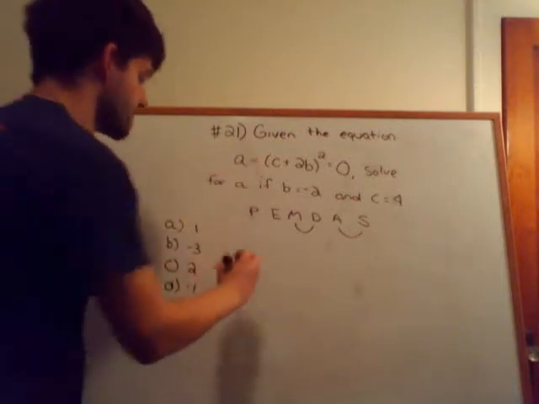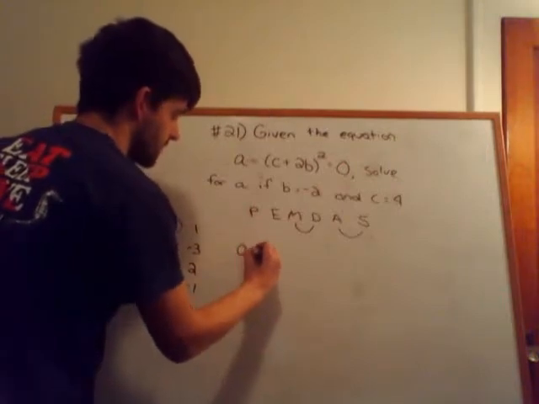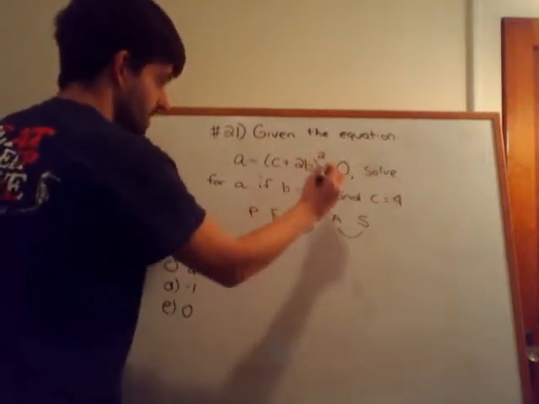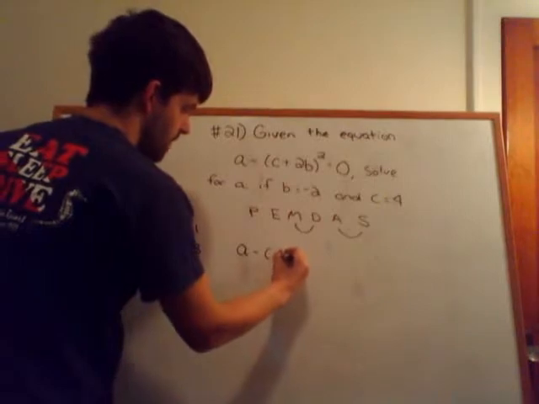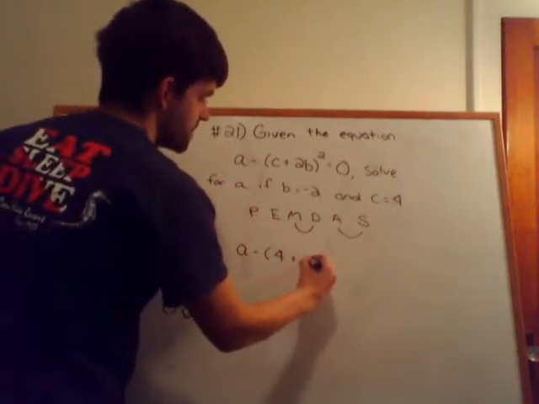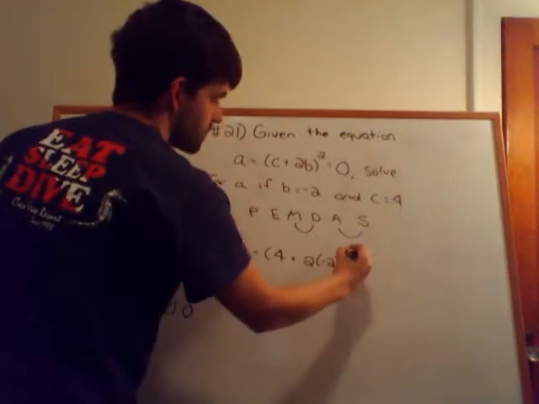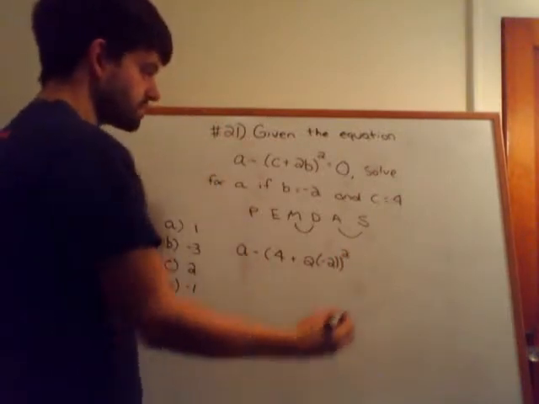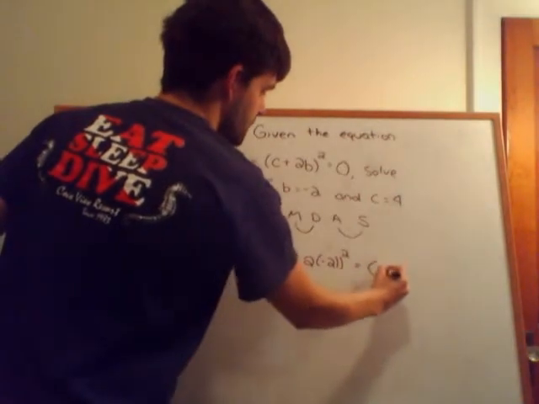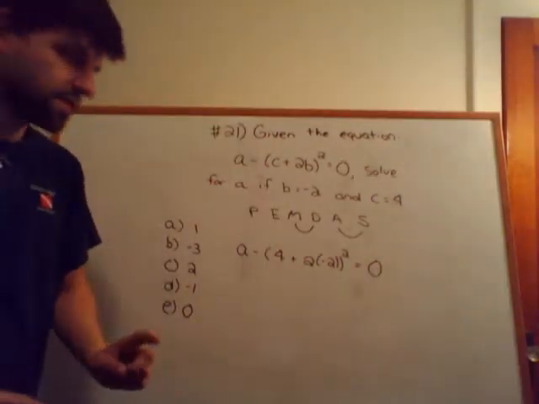So let's go ahead and make our substitution as our first step. We have A minus the quantity 4 plus 2 times the quantity of -2, and that's all going to be quantity squared, and that's going to be equal to 0. Now let's do parentheses first.